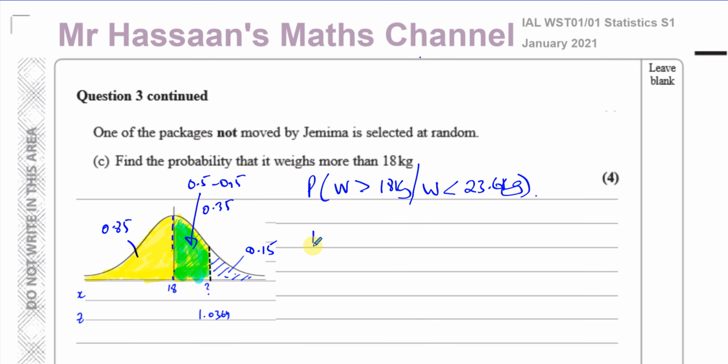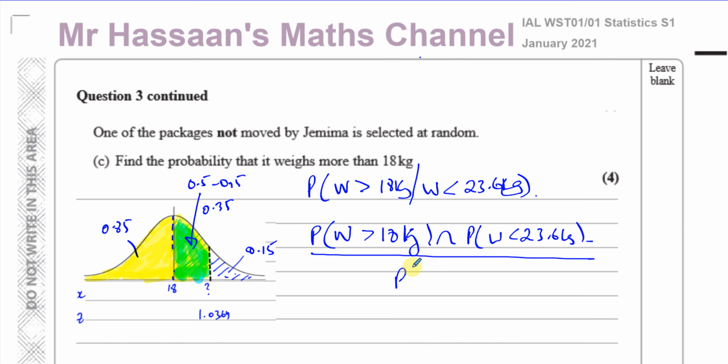So this is basically, if we remember from our conditional probability, that this is going to be the probability that W is less than 18 kilograms intersection with the probability that the weight is less than 23.6 kilograms divided by the probability that the weight is less than 23.6 kilograms.